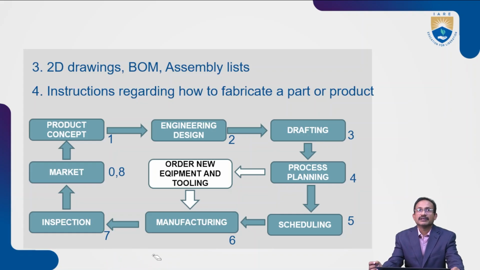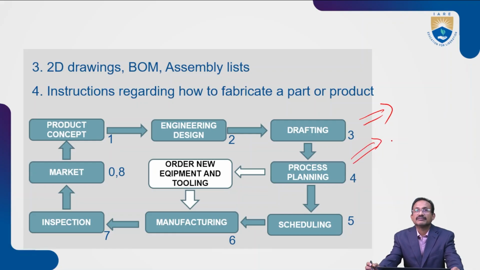Next, the fourth one: after drafting, these drawings will be studied by manufacturing department people, and those drawings will be converted into manufactured parts, products or components. But before that, one more is there, process planning.